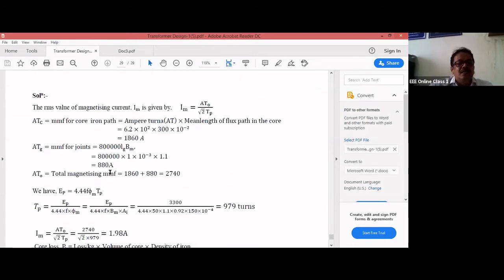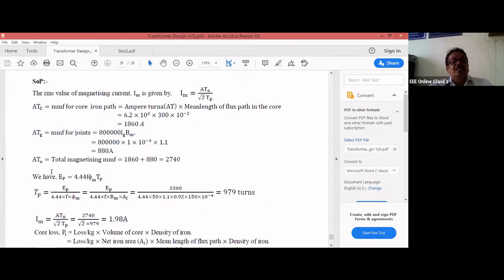So calculating ATG, what you get is 880 ampere turns. Nothing is given regarding the yoke ATY, so you don't take it into consideration. So what is AT naught now? It is the total magnetizing MMF. We add 1860 plus 880 and get 2740. This is AT naught.